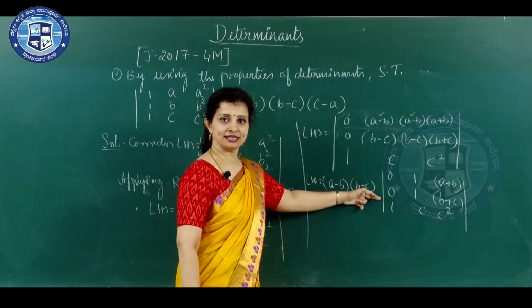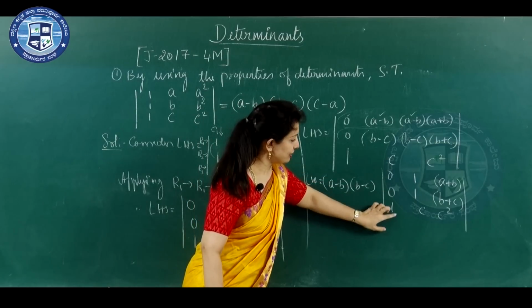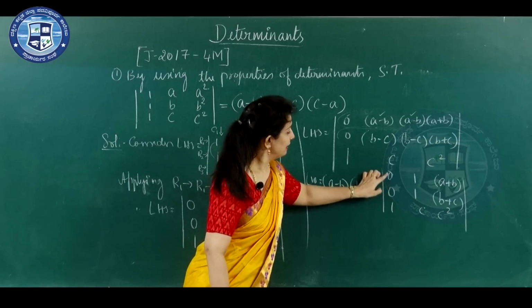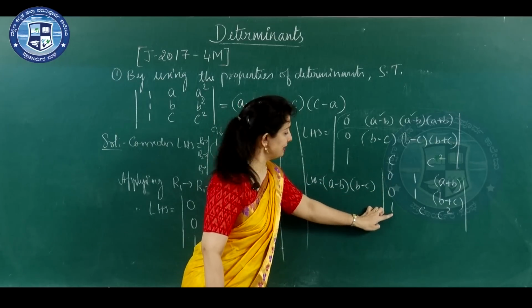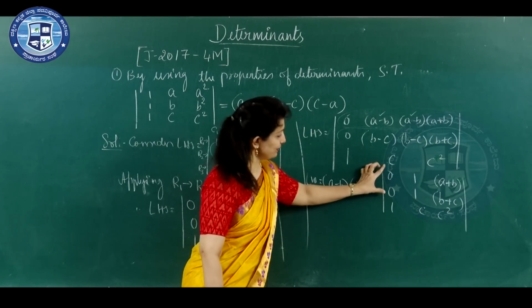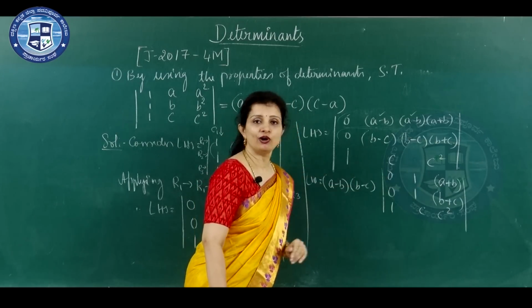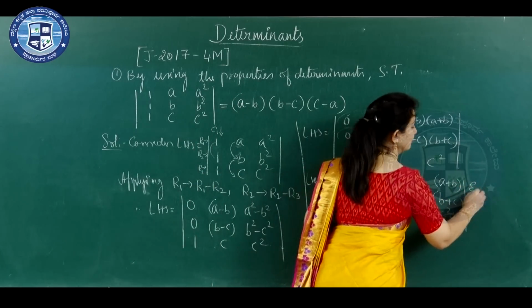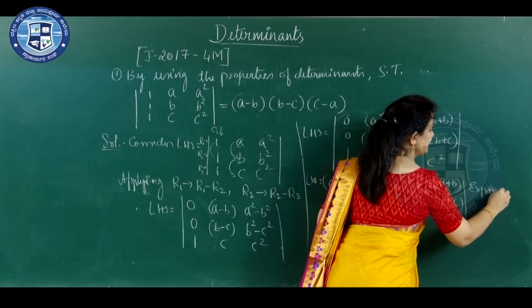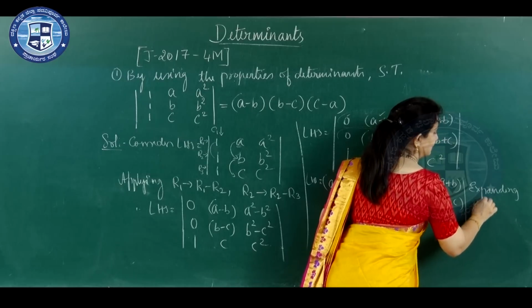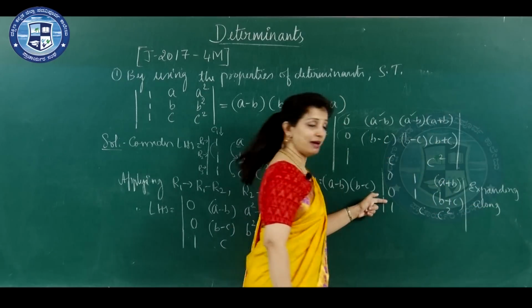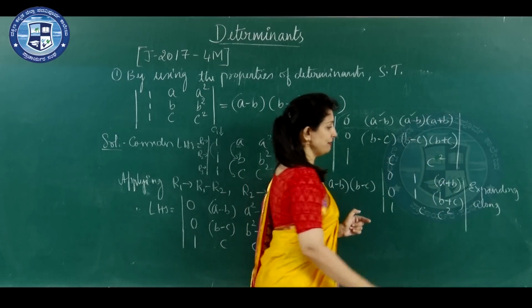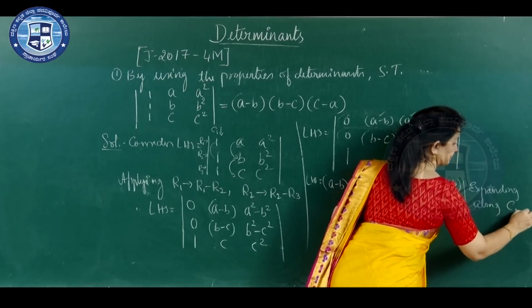Now, look at the determinant. We have in the first column 2 elements zeros and the third one is 1. So, when you get 2 elements 0, you have to expand along the column which has maximum zeros. Here the first column has 0, so C1.